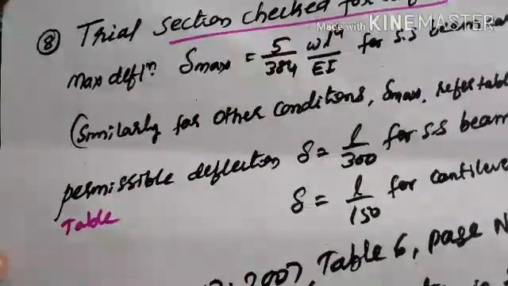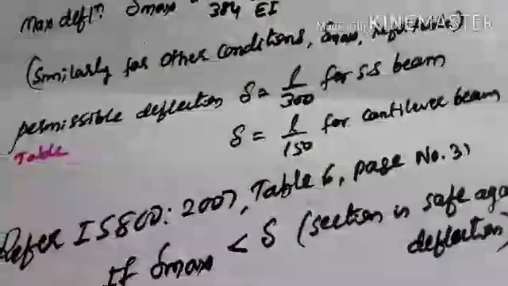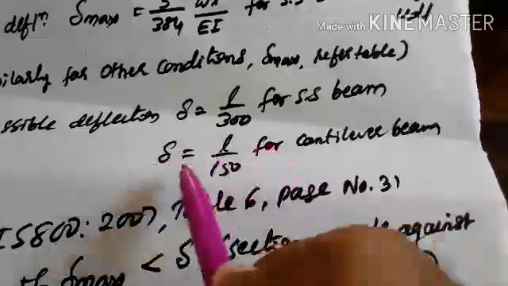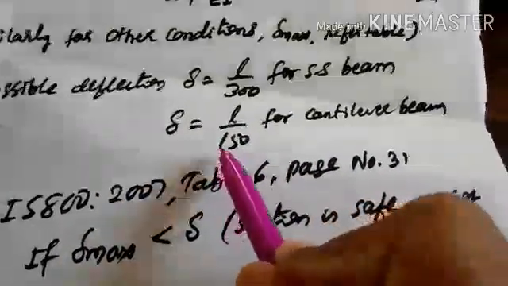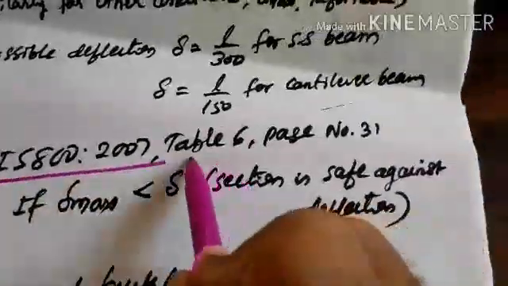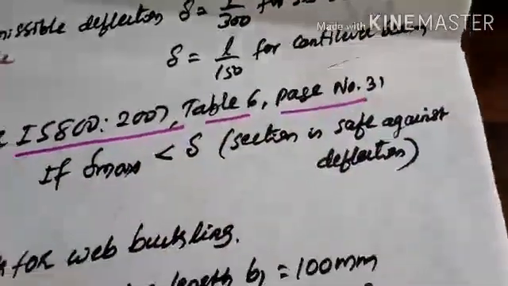Here it is written: delta equal to L by 300 for a simply supported beam as the permissible deflection, and delta equal to L by 150 for a cantilever beam. Refer to IS 800:2007, Table 6, page 31.